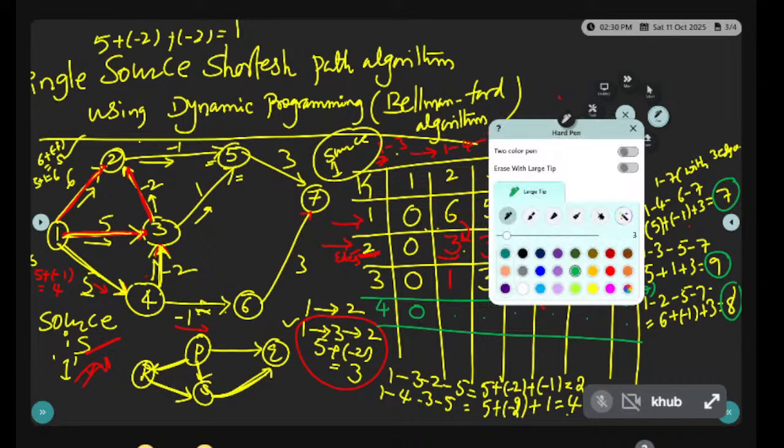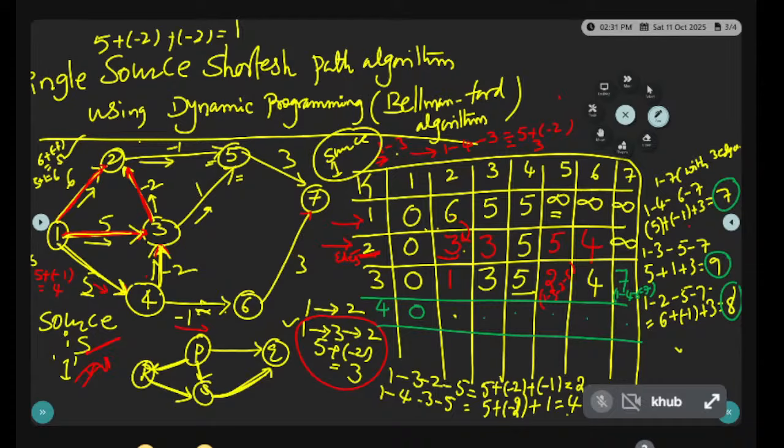What is here? Cost. ఇక్కడ ఏం రాయాలి? చేయమన్నా కదా. ఎంత? 1. ఇక్కడ 3 ఓన్లీ. జీరో? జీరోనా?